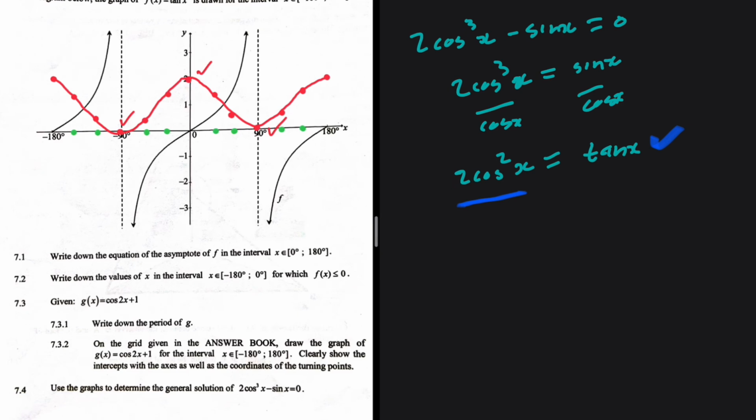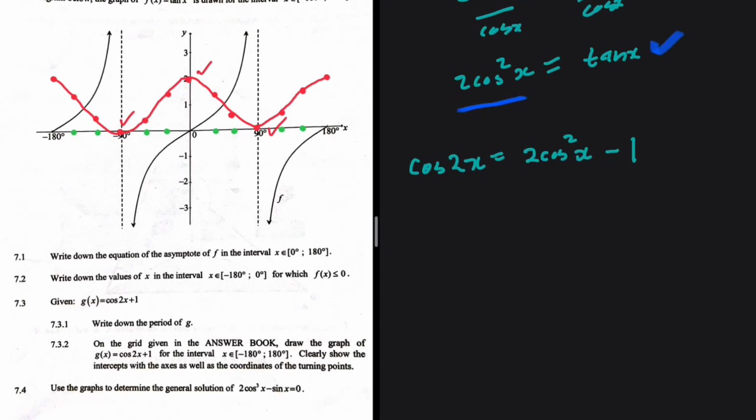I'm like, oh, okay, you know what? Let me take my question paper. Let me go to the back and look at those identities and see if I can come up with something. And then I realized that cos of 2x is equal to 2 cos squared x minus 1. So take a look at what we have.